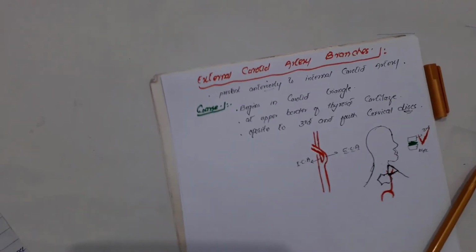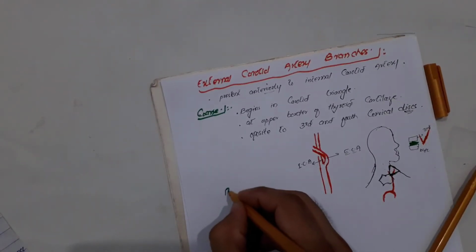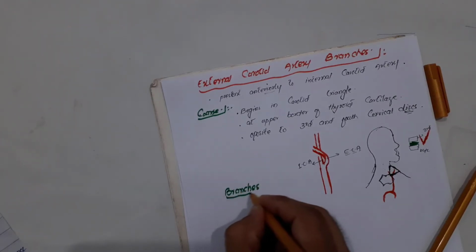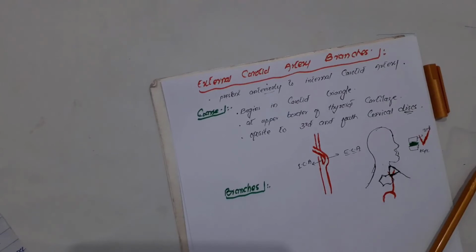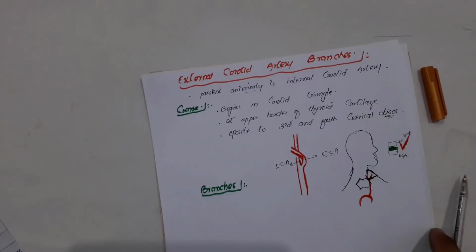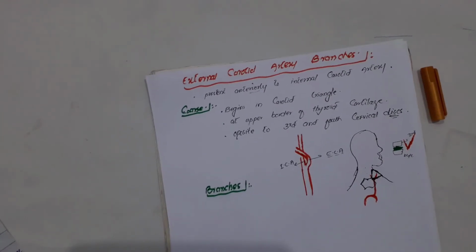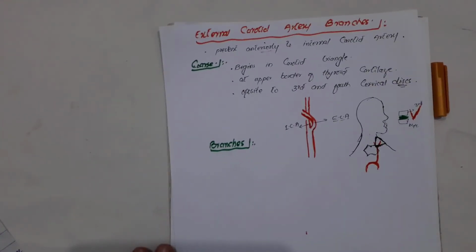Now let's discuss its branches. Friends, four groups of branches arise from this external carotid artery. And what are those four groups?